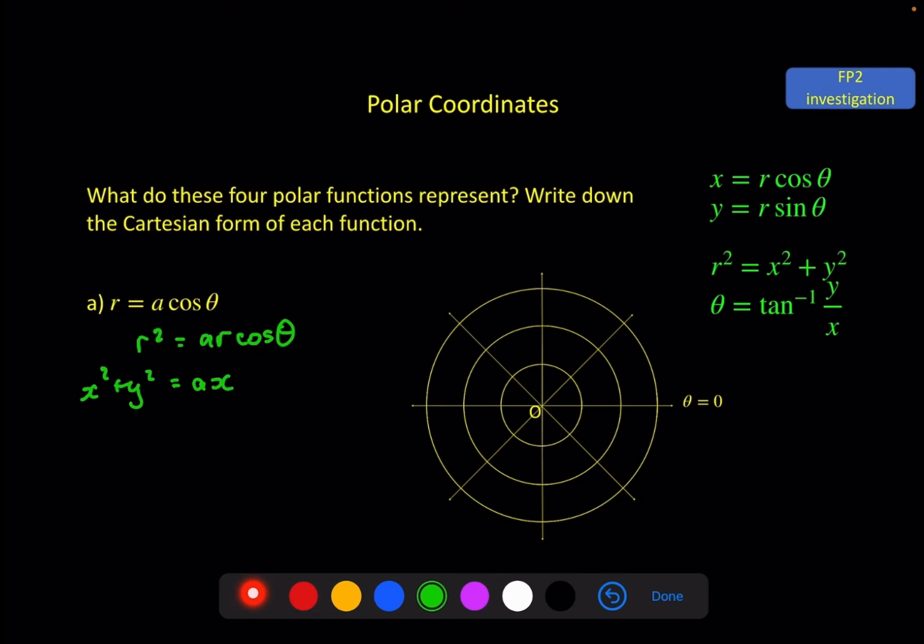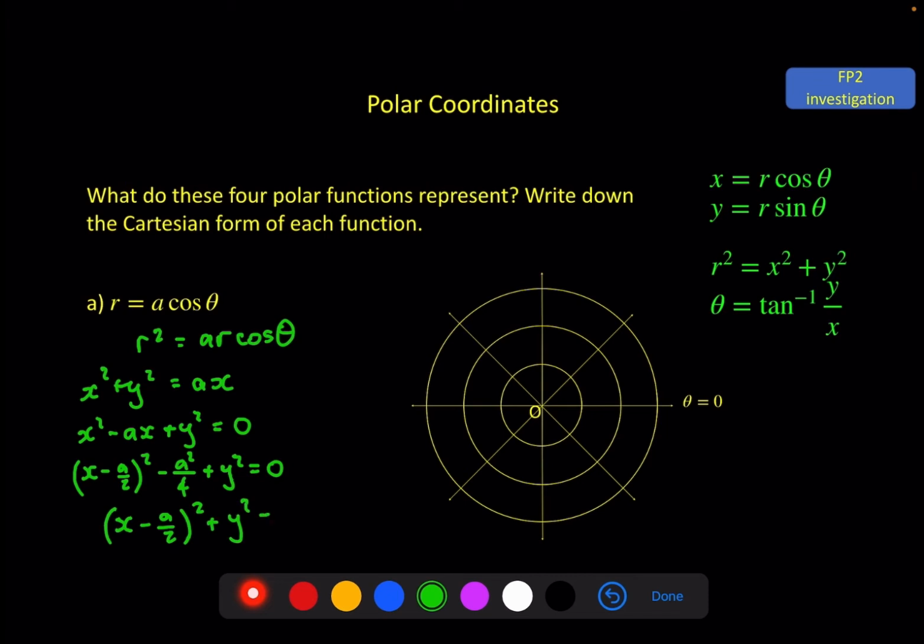So we have this. Now it might still take a bit of manipulation for you to see exactly what this is going to look like, but we can do this. We've got x squared minus ax plus y squared equals 0. Now if we complete the square, we have x minus a over 2 squared minus a squared over 4 plus y squared equals 0. Bring that to the other side and we get x minus a over 2 all squared plus y squared equals a over 2 squared, and I'll write it like that because this is our r squared.